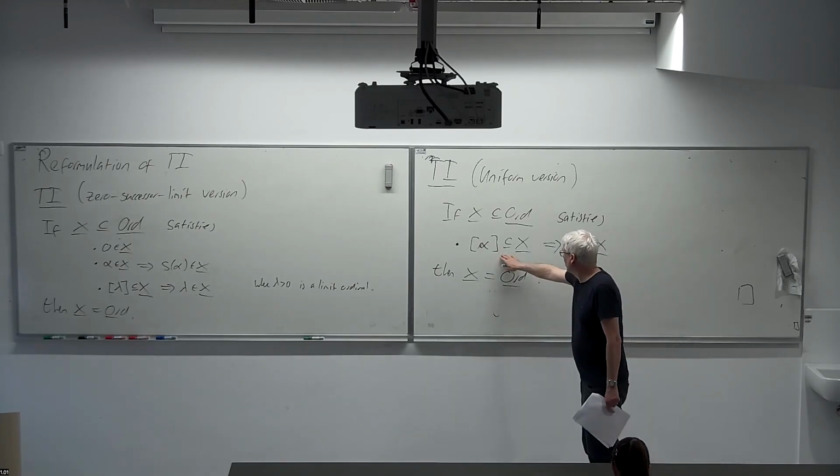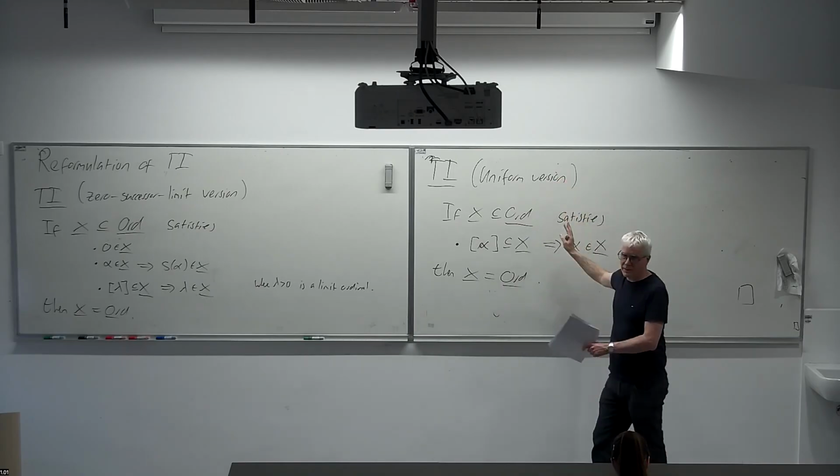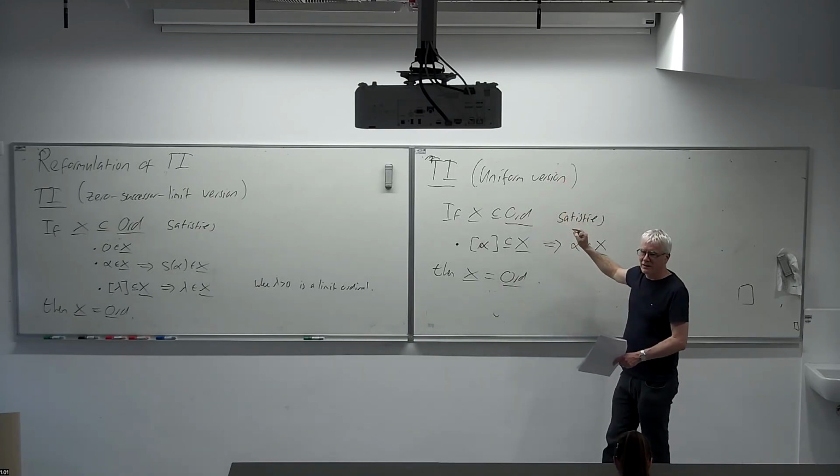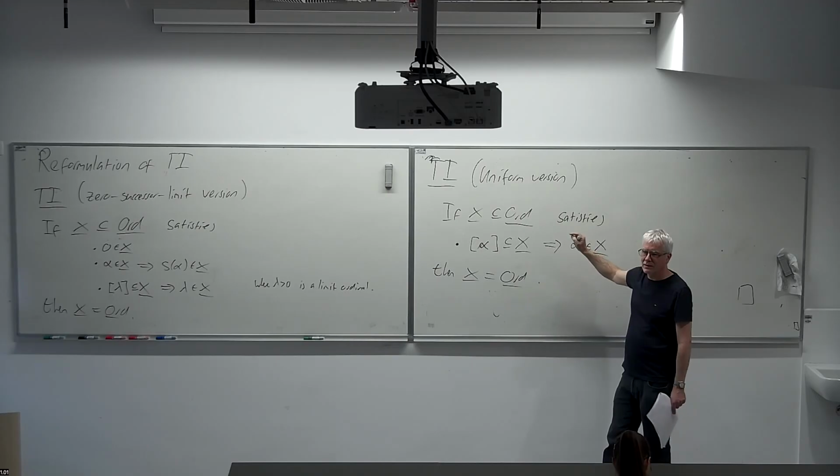That if, suppose, which way are we trying to do it? So from the uniform version, derive the case for the successor, the zero, successor, increment.